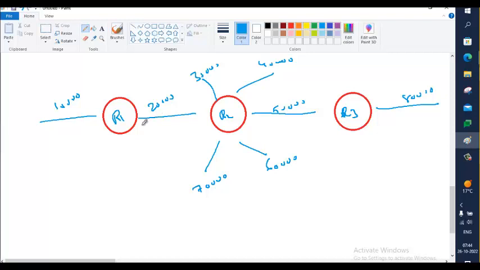Now, this router knows about only two networks. Suganya, what are those two networks this router knows? 10, 20. That's all, 10 and 20. The rest of the networks, you need to give this IP address. Let's say 20002.